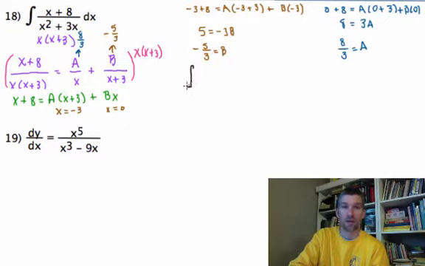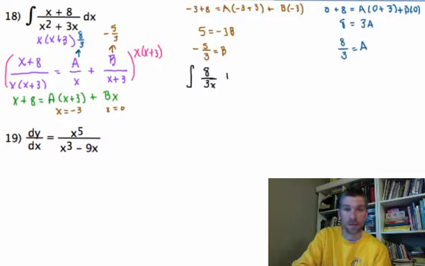To solve our problem, we're going to look at the integral now, not of x plus 8 over x squared plus 3x, but we're going to look at the integral of 8 over 3x plus minus -5 over 3 times x plus 3.